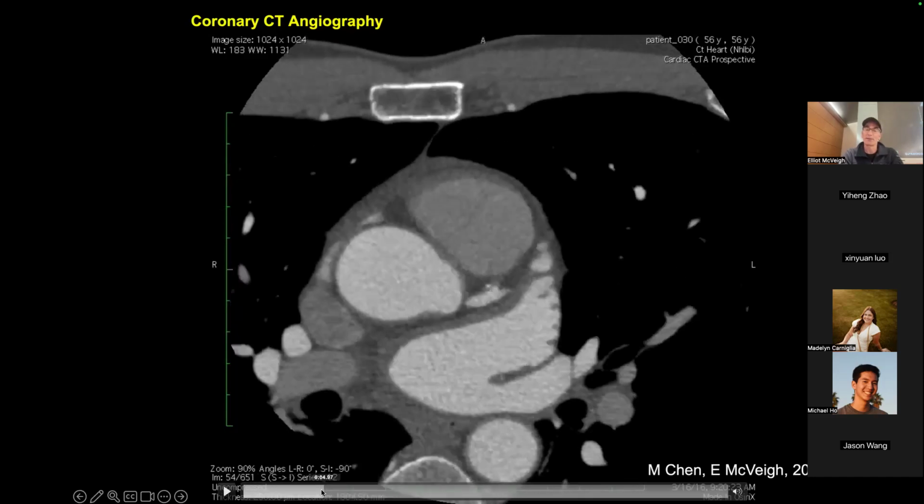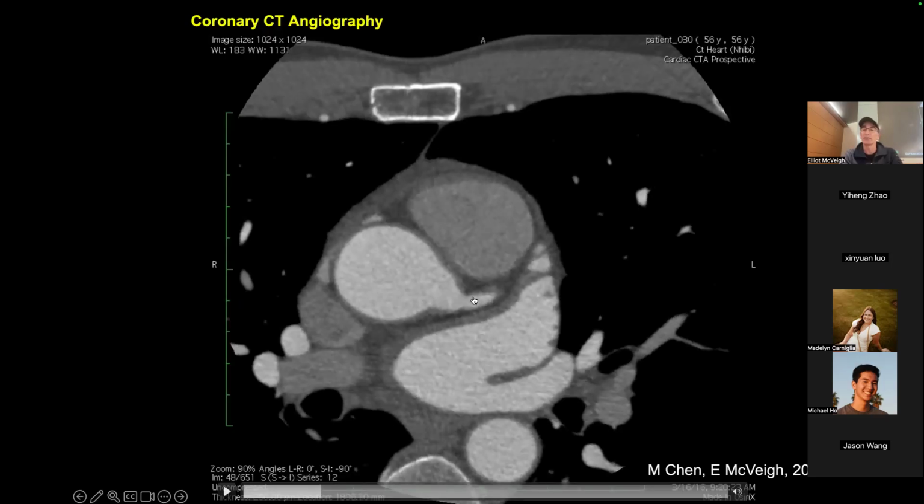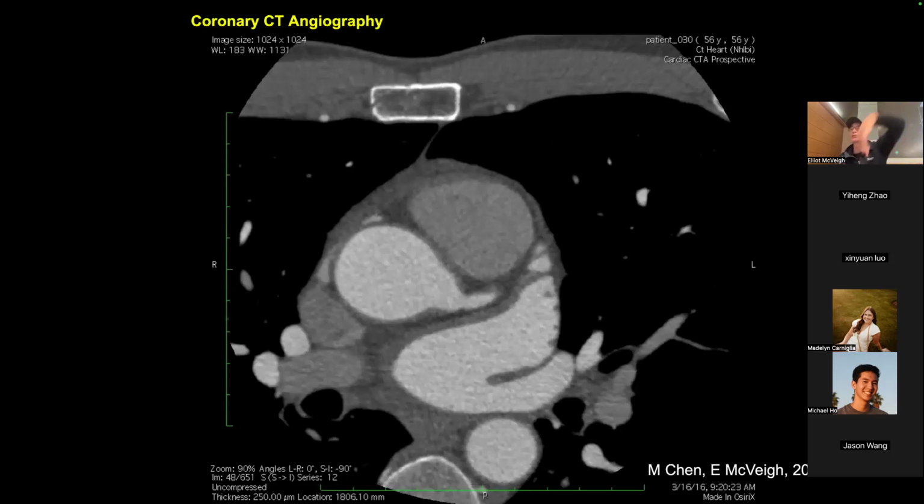Because that means if this vessel goes down, this is the left main. So say you have some kind of thrombus in there, that means you cut off the anterior wall of the heart from the LAD, and you cut off the posterior wall of the heart from the circumflex artery, and you're toast, right?